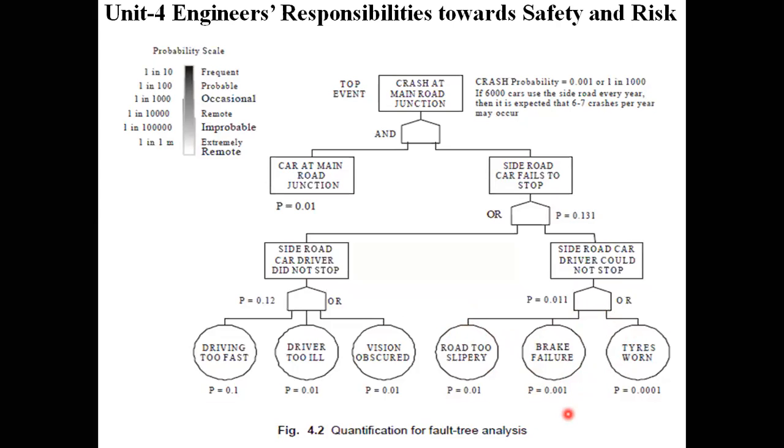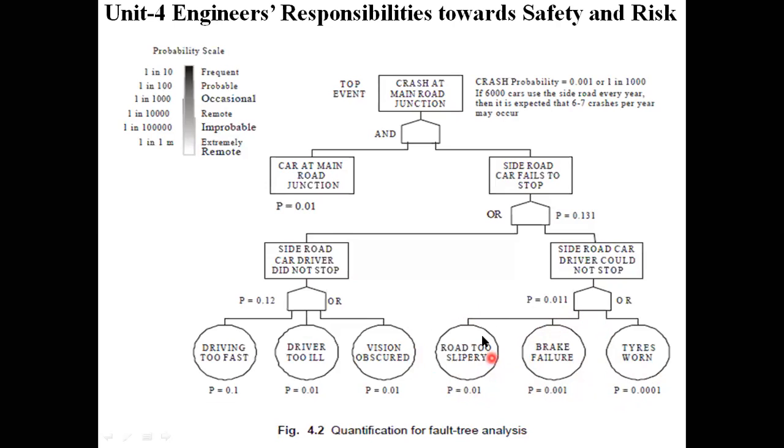This failure is 0.001. 1 in 1000 case, and this is 1 in 10,000 case అనమాట. టైర్ వేర్, టైర్ ఏదైనా బాగోకుండా ఉన్న కండిషన్లో దిస్ కేస్ మే కాజెస్ హియర్. దట్ ఈస్ 1 in 10,000. దిస్ ఈస్ 1 in 1000. దిస్ ఈస్ 1 in 100. రోడ్ టూ స్లిప్పరీ, బ్రేక్ ఫెయిల్యూర్, టైర్స్ worn condition. And by summing up all this, I will get this probability, that is probability p is equal to 0.011.